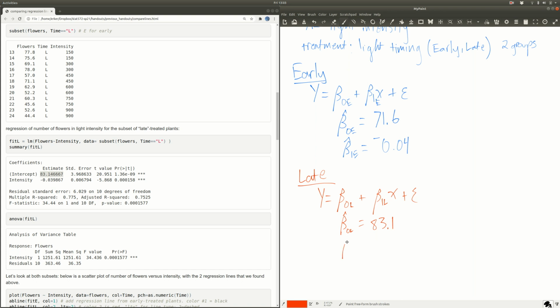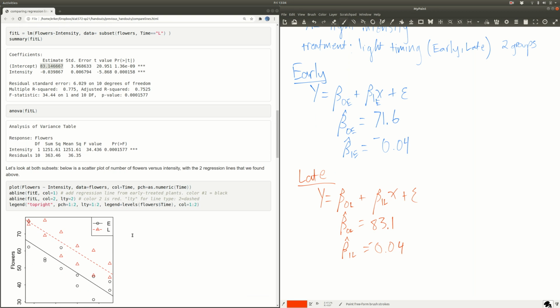And we find that the estimate for the slope, beta 1 L hat, is equal to negative 0.039. So actually that rounds to negative 0.04. I'm just going to round to 4 here, just 2 significant digits. So you can see that the slope looks pretty similar, but the intercepts are different.